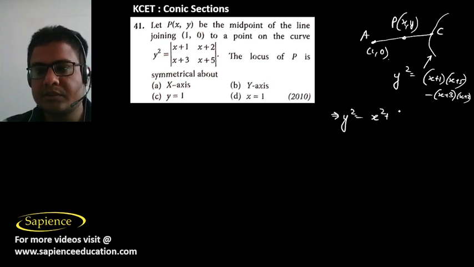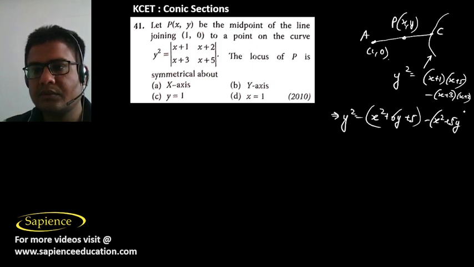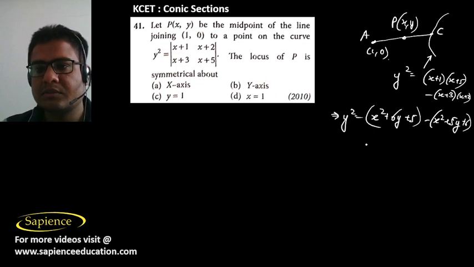So that will be y square equal to x square plus 6x plus 5 minus x square plus 5x plus 6. So y square will be equal to, x square will cancel, 6x minus 5x, that is x, 5 minus 6, that is minus 1.